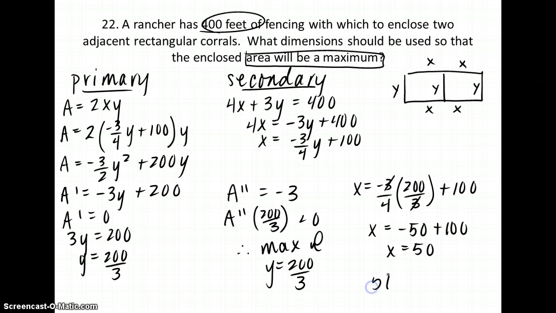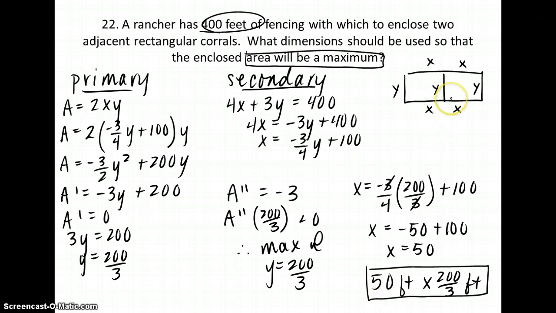What dimensions of 50 foot by 200 thirds foot fence? Now, some of you went to the primary and told me 100 feet. We're only looking for the dimension of x and y. So the value that we found for x was 50. The value we found for y was 200 thirds. Don't double it just because there's 2 pens here.